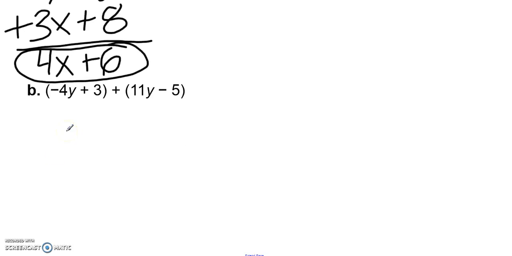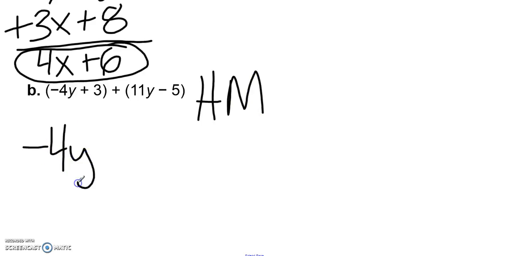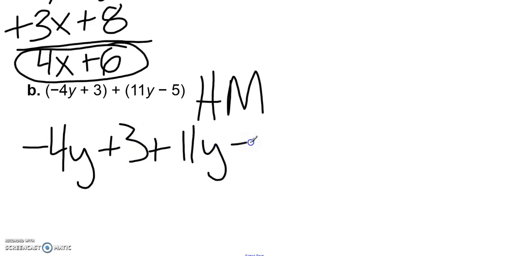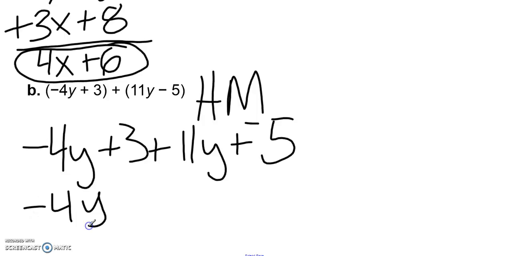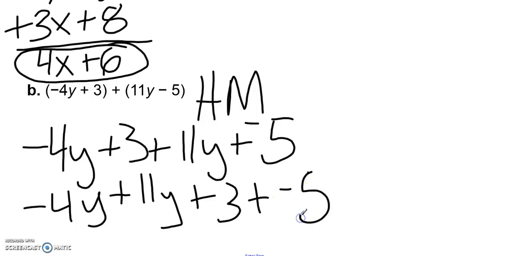Okay, so now I'm going to do the horizontal method, which is just writing them together. So negative 4y plus 3 plus 11y minus 5. Then I might just reorder it so I can see it clearly, plus 3 and plus negative 5.